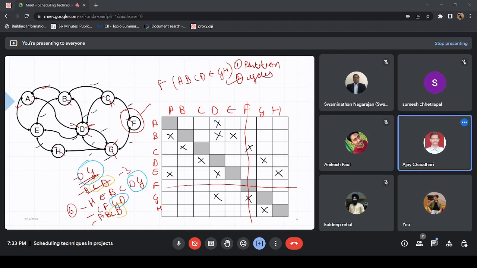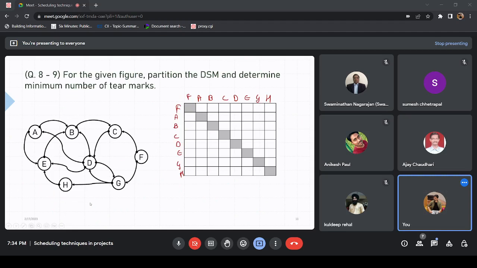So, let's do it on this page only. What were the relationships? We had DG, we had BCD, ABCD, then we had a big one, HEBC, DGH, right?